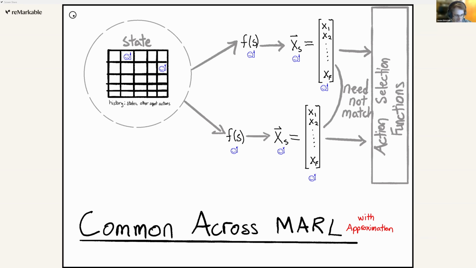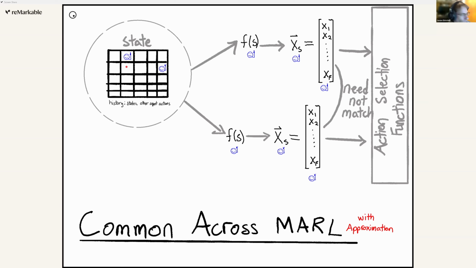Then these feature vectors are what get passed to all the other functions that we would use depending on the technique. So far, this is totally agnostic to whatever technique we're using. We're going to have to do this type of mapping regardless. Now, also, so far we've only really dealt with fully observable environments where the whole state is available.